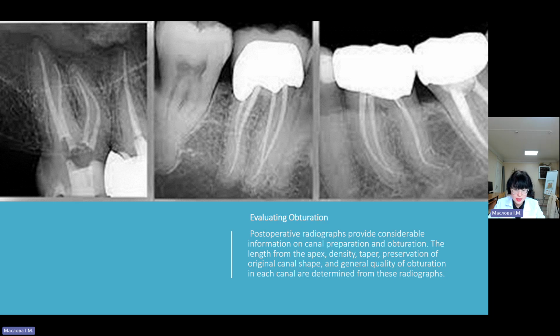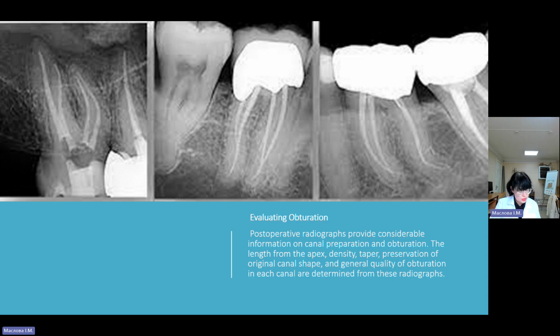Postoperative radiography is a necessary manipulation, and this provides considerable information on canal preparation and obturation. The length from the apex, density, taper, preservation of original canal shape, and general quality of obturation in each canal are determined from these radiographs.